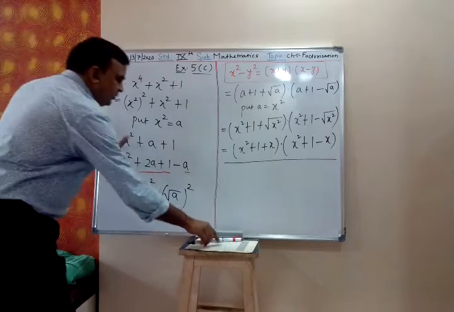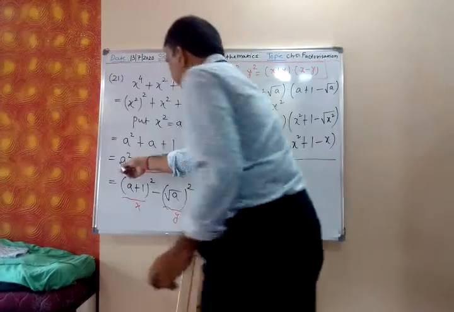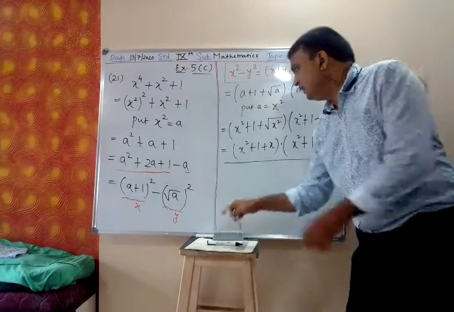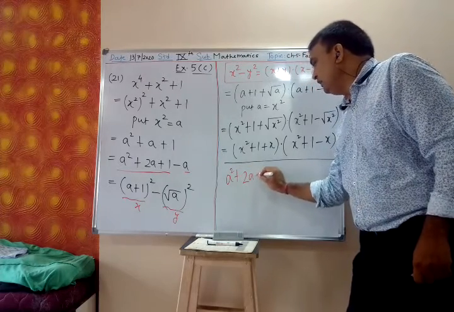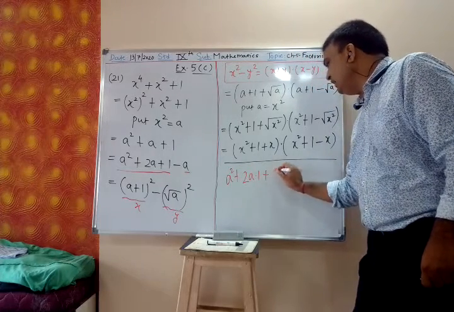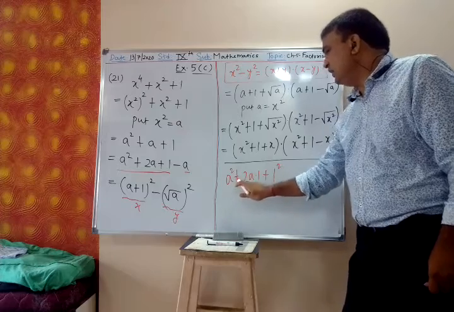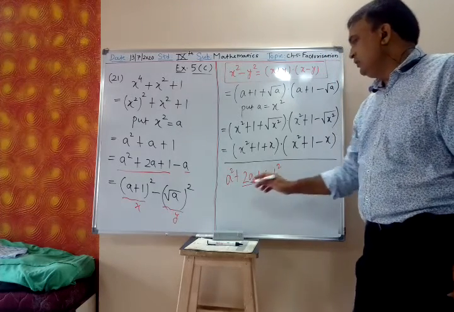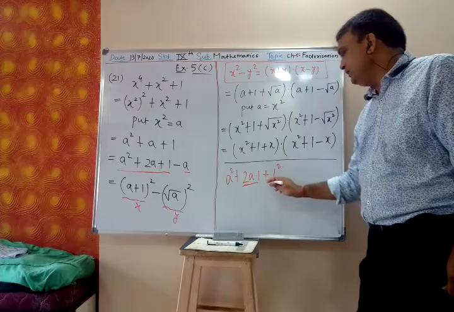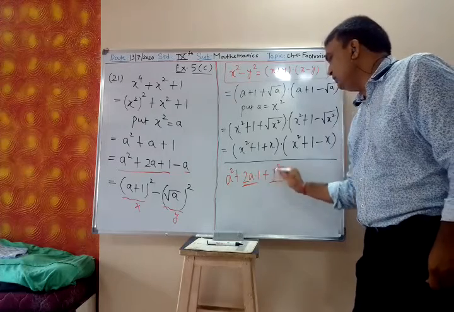Okay. Don't worry. See, this step: a square plus 2a into 1 plus 1, I can write 1 square. So this is a square plus 2ab plus b square. What is a square plus 2ab plus b square?